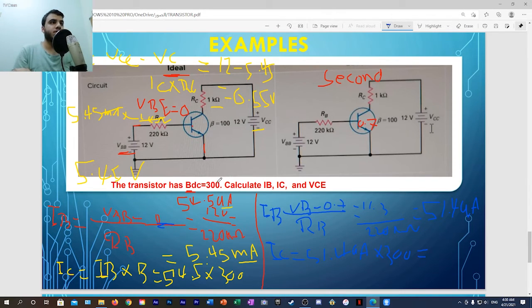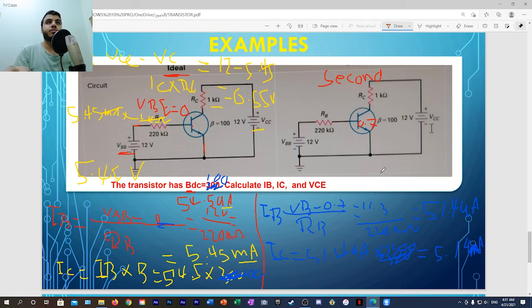Yes, here beta, sorry, beta is 100. It's not 300. Sorry for this mistake. So it is 100. It will be 5.14 milliampere.